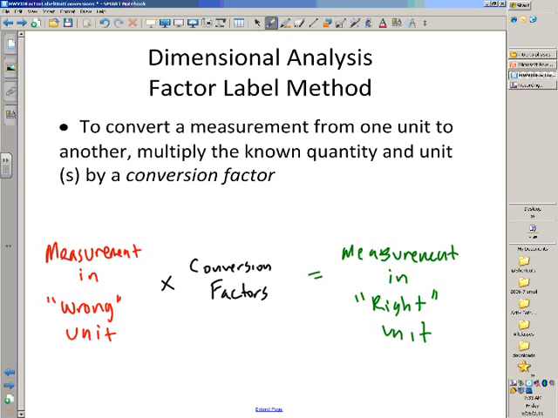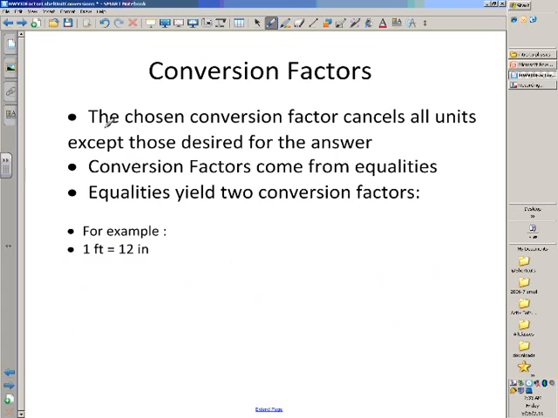Remember, it's the same measurement, it's just a different characterization, different representation of that same measurement. So, conversion factors. The correct conversion factor is going to cancel the units that we don't want and give us the units that we do want.